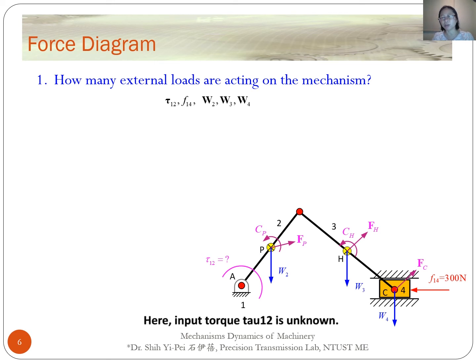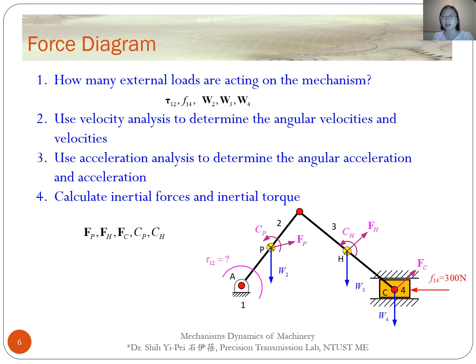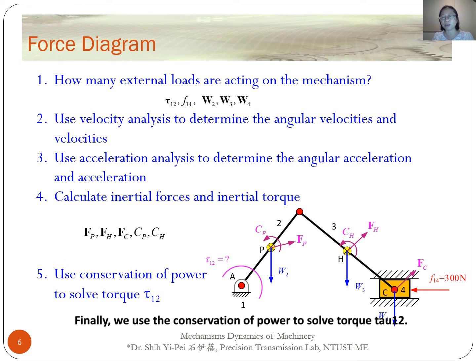Here, input torque tau12 is unknown. We use velocity analysis and acceleration analysis to determine velocities and accelerations of points we are concerned with. Then we get inertial forces Fp, Fh, Fc, and the inertial torques Cp and Ch. Finally, we use the conservation of power to solve torque tau12.